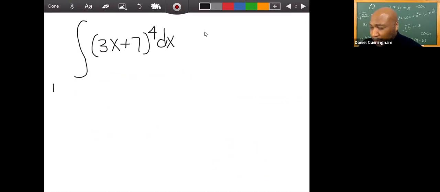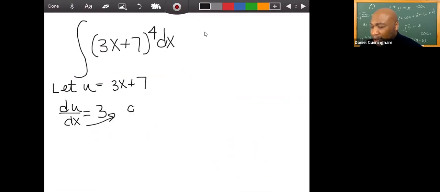Let u equal 3x plus 7, the inside function. And then du with respect to dx would be equal to 3. This implies that du is equal to 3 dx, just doing cross multiplication.